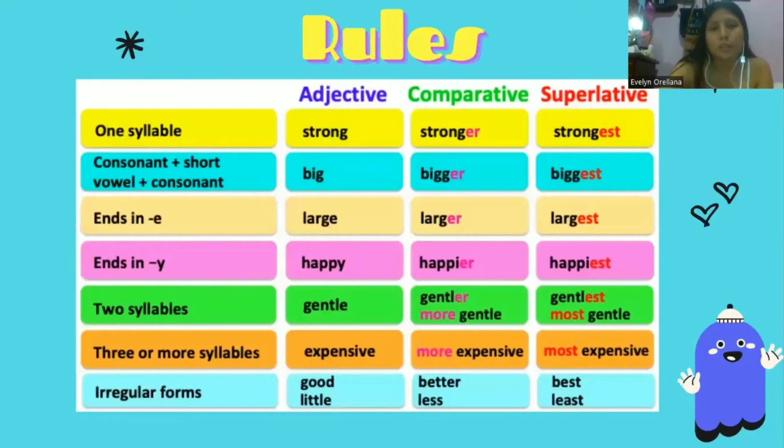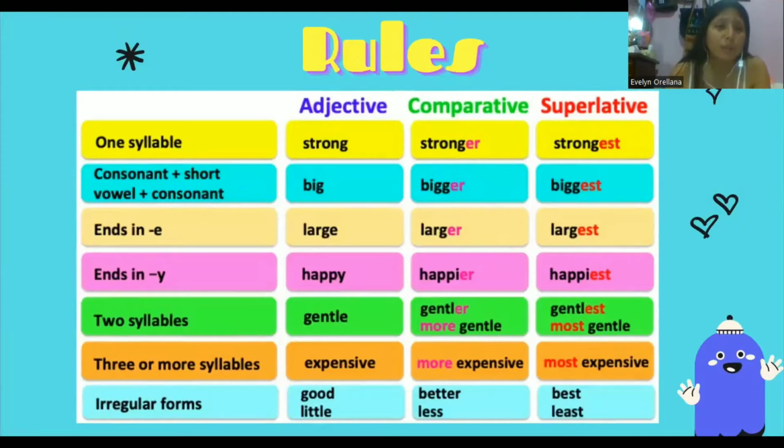The rules: one syllable. Adjective strong, comparative stronger, superlative strongest. Consonant, short vowel, consonant: adjective big, comparative bigger, superlative biggest. Ends in e: adjective large, comparative larger, superlative largest.